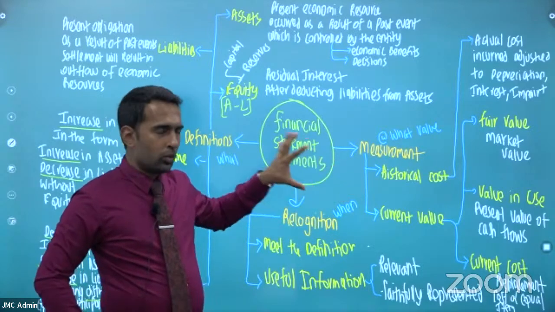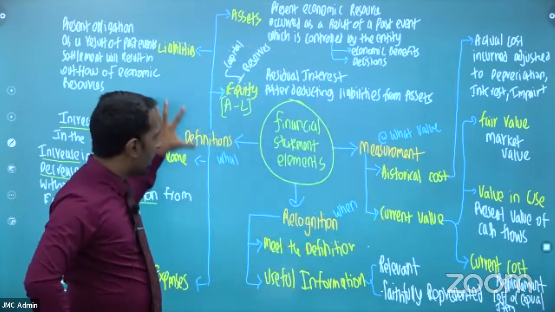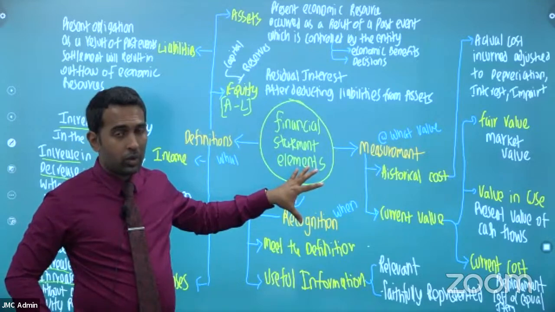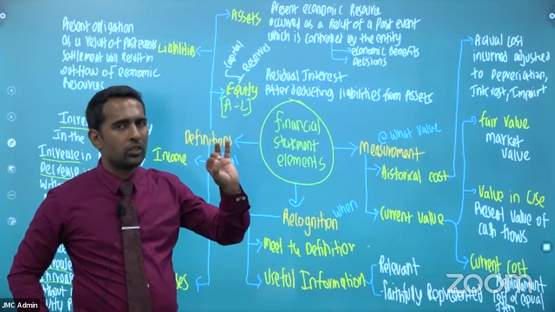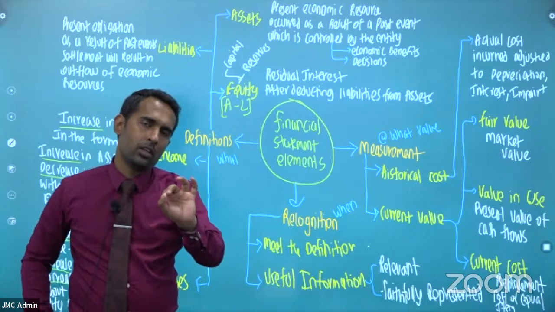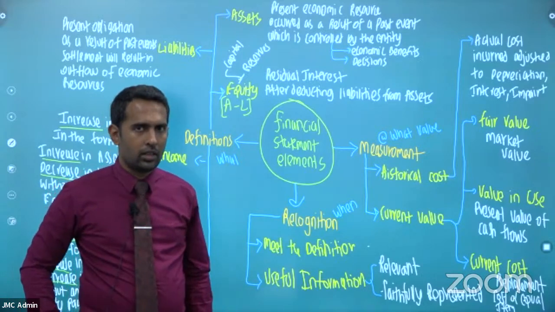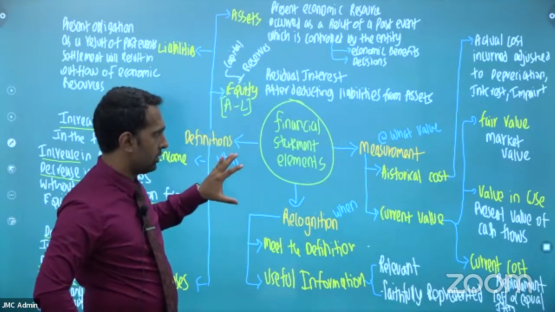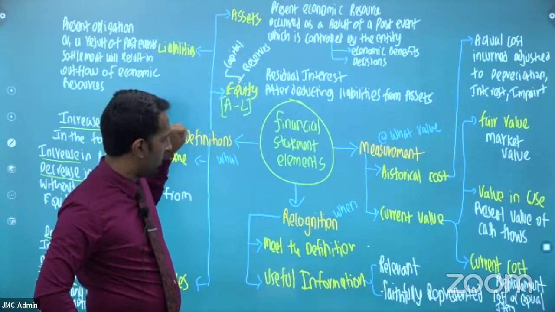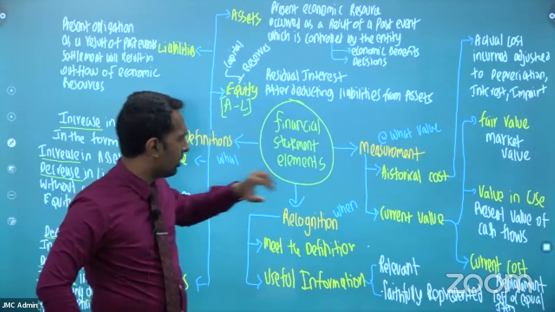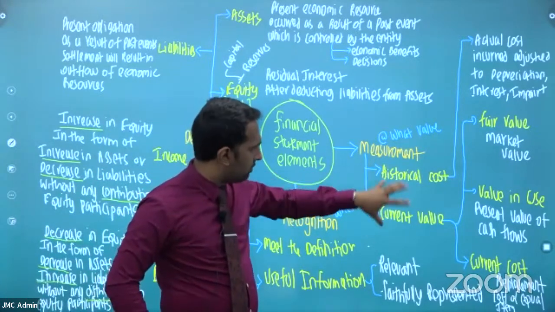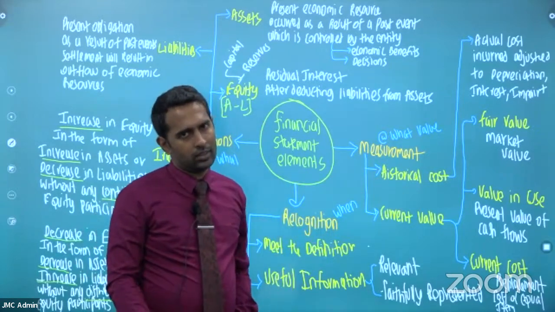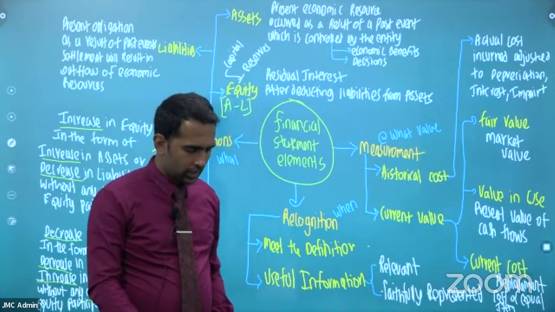Now, using these financial statement basics, what we do is we prepare the specific guidelines on specific types of assets using the accounting standards. So accounting standards are prepared using this broad base, right? If it is an asset, we take the definition, we take the recognition criteria, we take one or two of these measurement methods, and we prepare a standard. That is how it works.